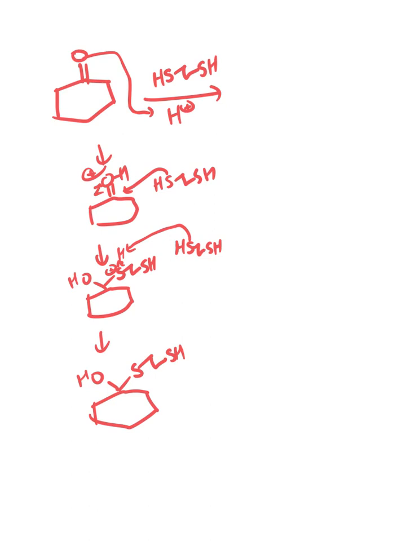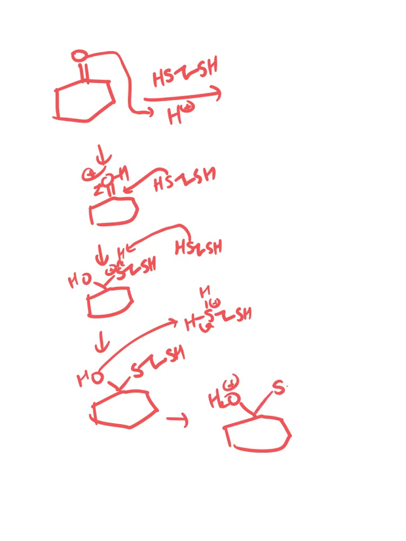Now we have to protonate the OH to make it a good leaving group. So we're going to remove one of the extra hydrogens off of the sulfur. That's going to give us the OH2 plus along with the SH. Now the sulfur has the lone pair, just like the nitrogen and the oxygen, so we can use it to kick off the leaving group water.